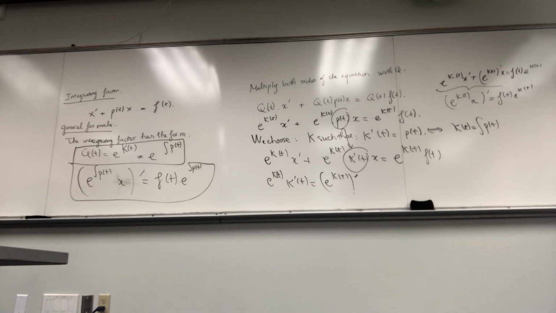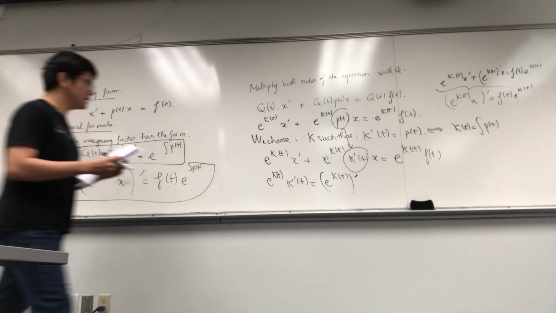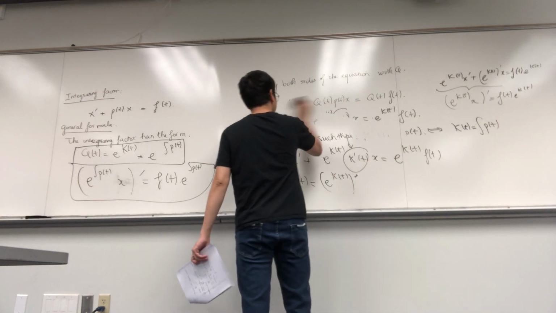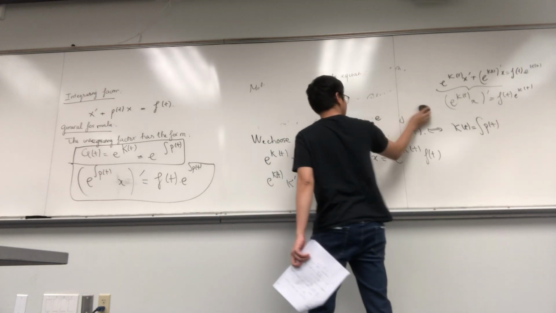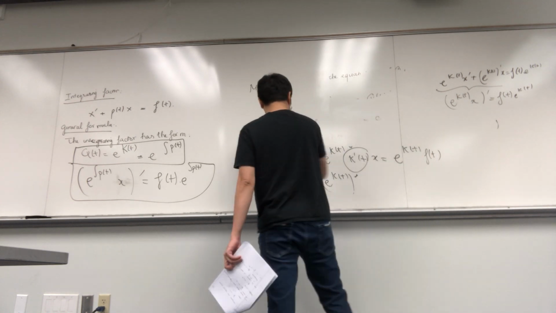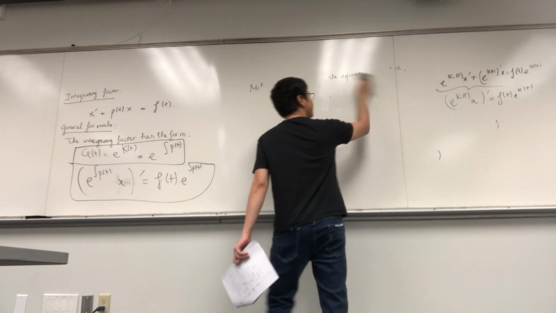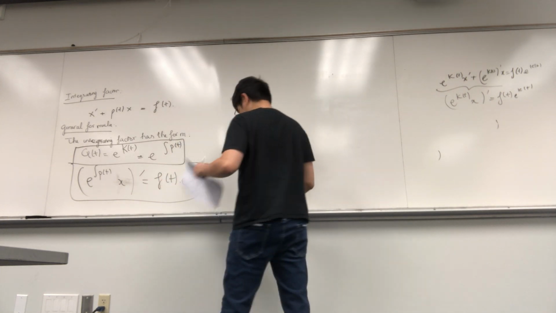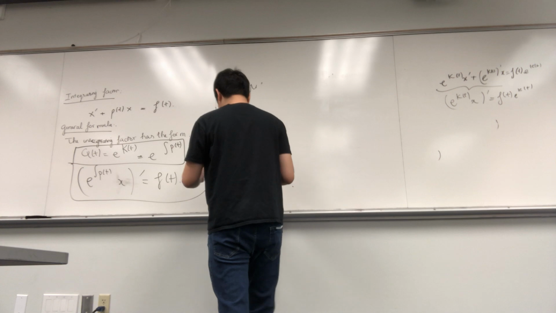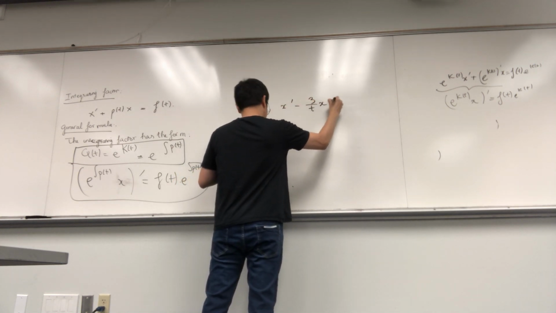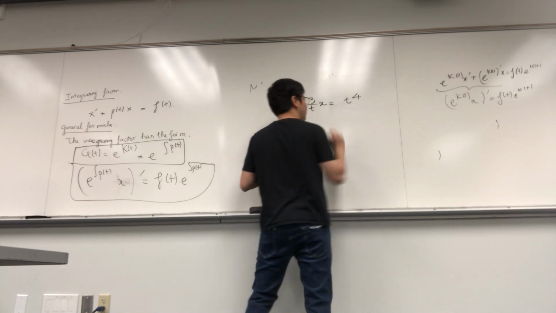Now, using this formulation, we can solve the last exercise easily. So in the last exercise, we have x prime minus 3 over t x is equal to t to the power 4.